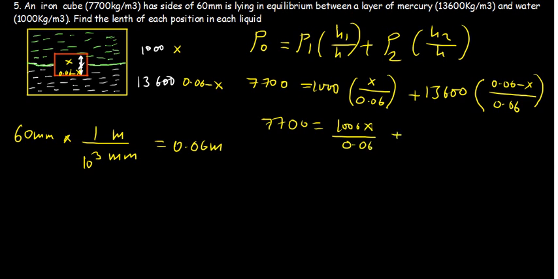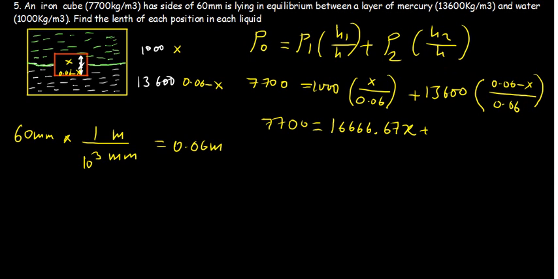Okay, let me just divide directly. I'm going to say 1000 divided by 0.06. That is going to give us 16666.67 times x. And then plus, we'll also do this value: 13,600 divided by 0.06.